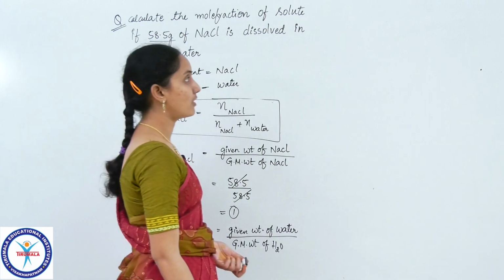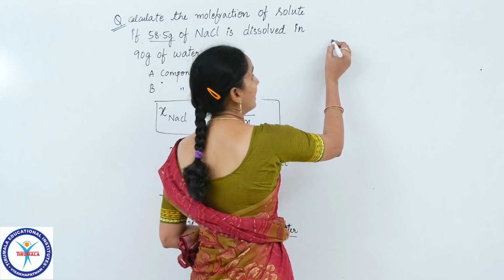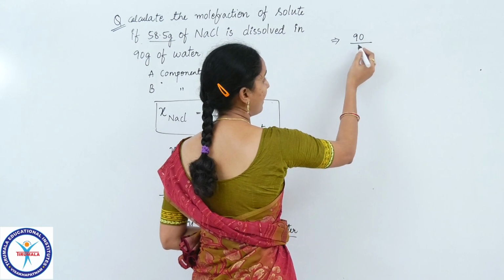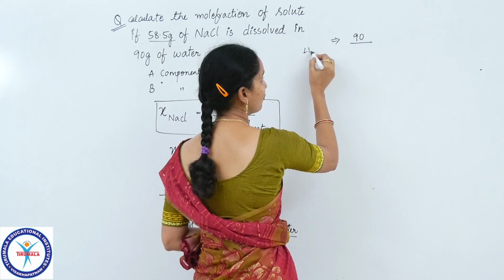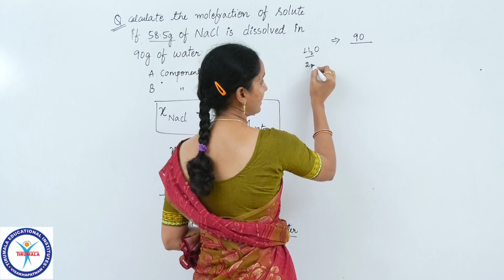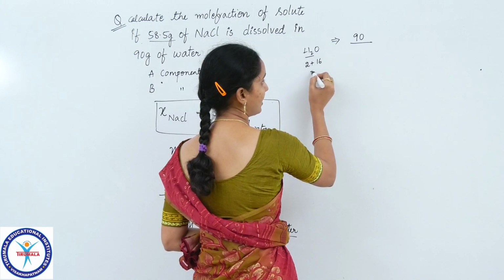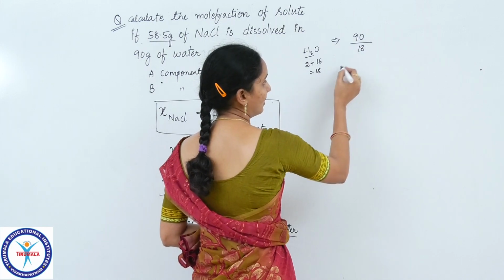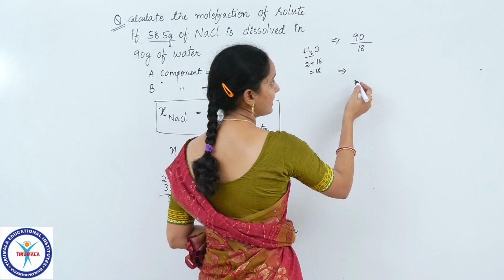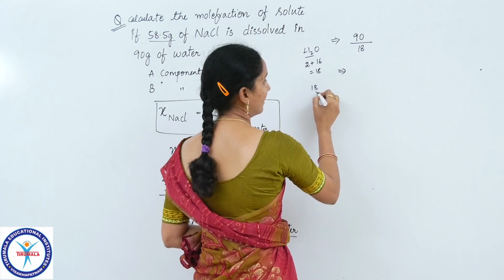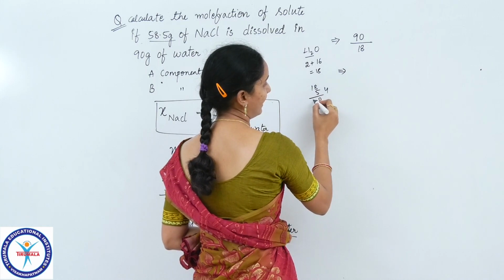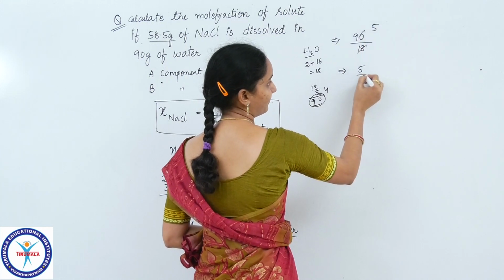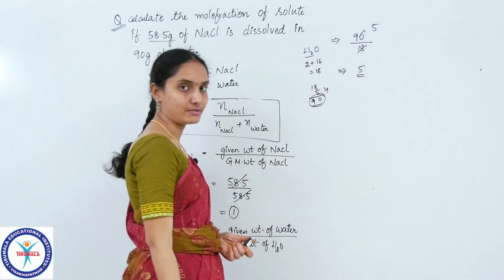Given weight of water is 90 upon gram molecular weight of water. H2O formula is 2 hydrogens, 2, plus 1 oxygen, 16. So total it is 18. So 18 cancels in 90 how many times, children? 5 times, it is exactly 90. So number of moles of water is 5.